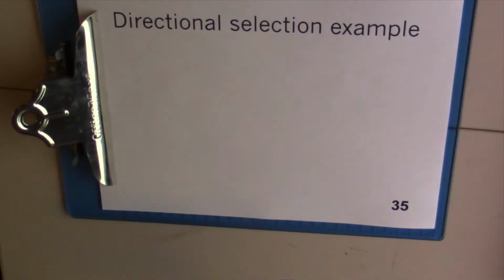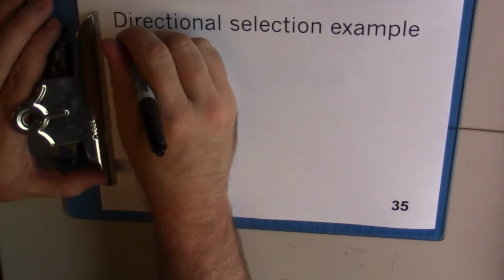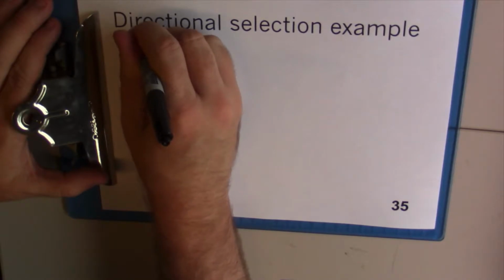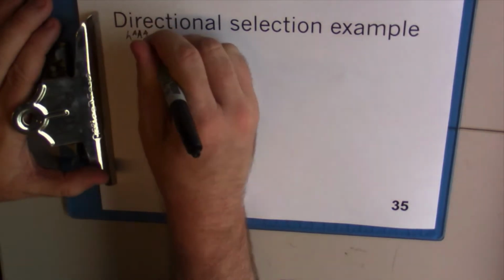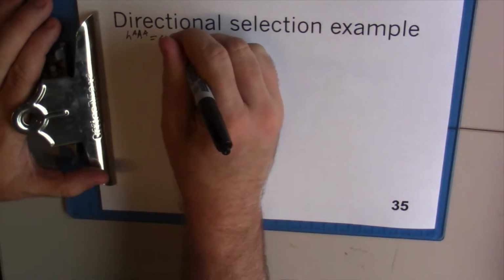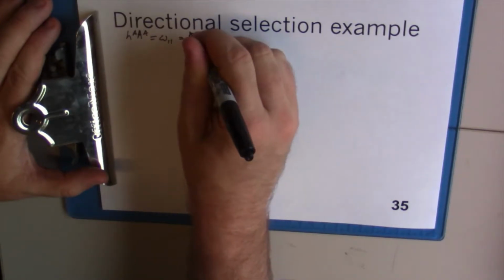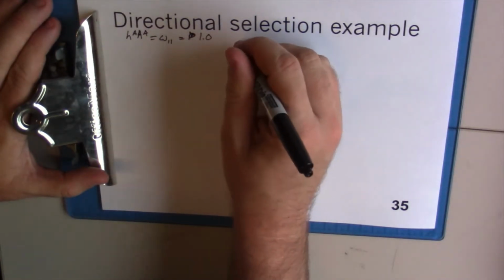Okay, so the first step for us will be to figure out the fitnesses. The fitness of the healthy homozygote is omega 1,1, and they have 100% survivorship, so fitness is equal to 1.